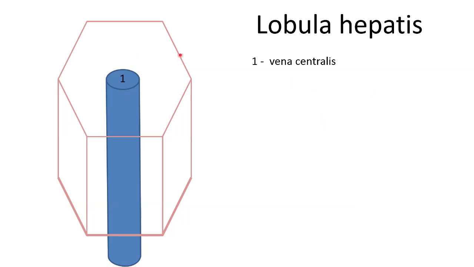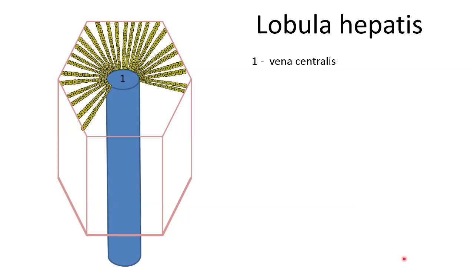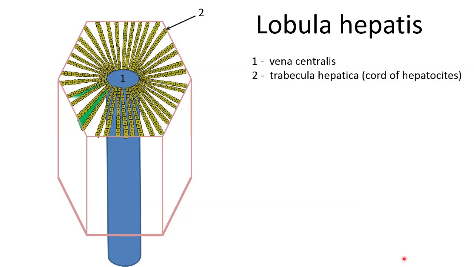And around the vena centralis, in this hexagonal prism, there are a lot of such arranged hepatocytes, and they could be drawn this way.